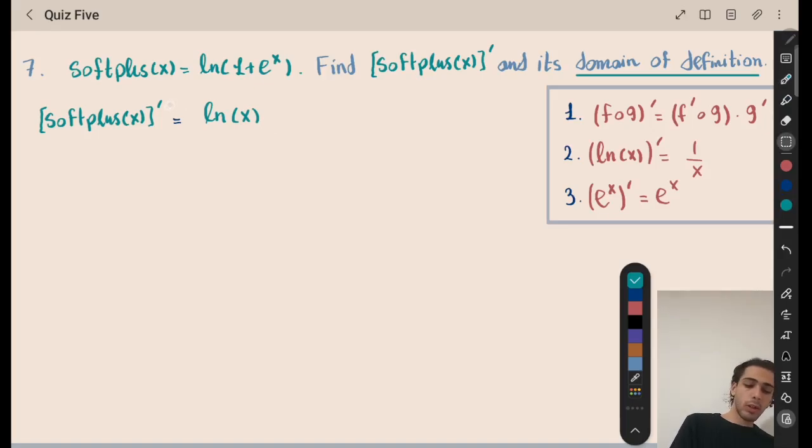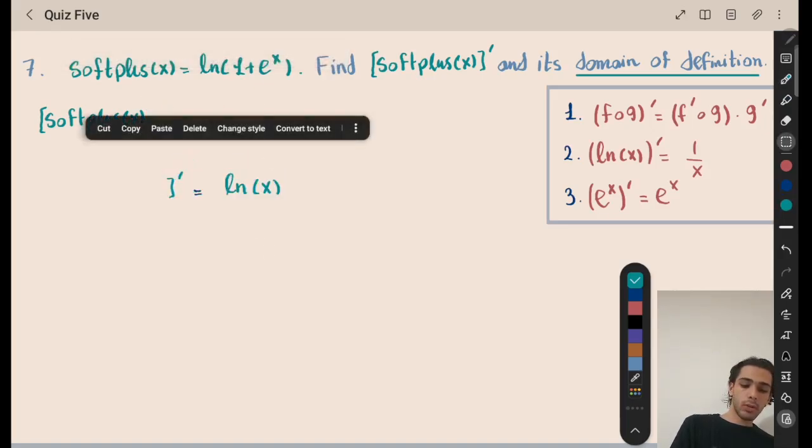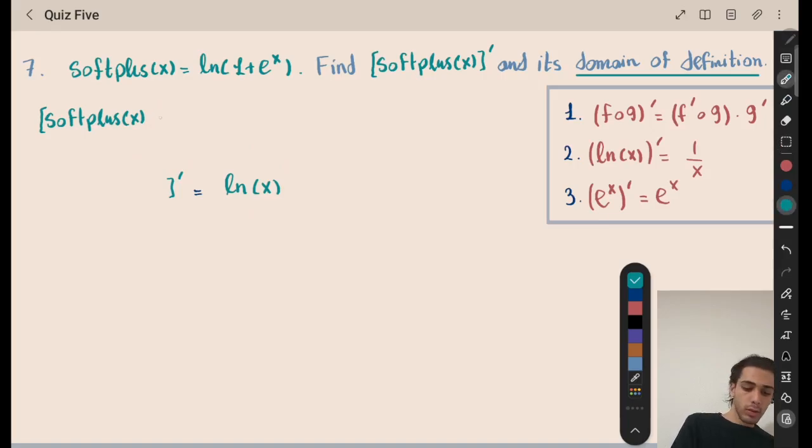Maybe first I'll write down softplus. So softplus is equal to ln of 1 plus e to the x. So I can write this as ln of x, but you just plug in 1 plus e to the x inside. And then I'll return this back in.